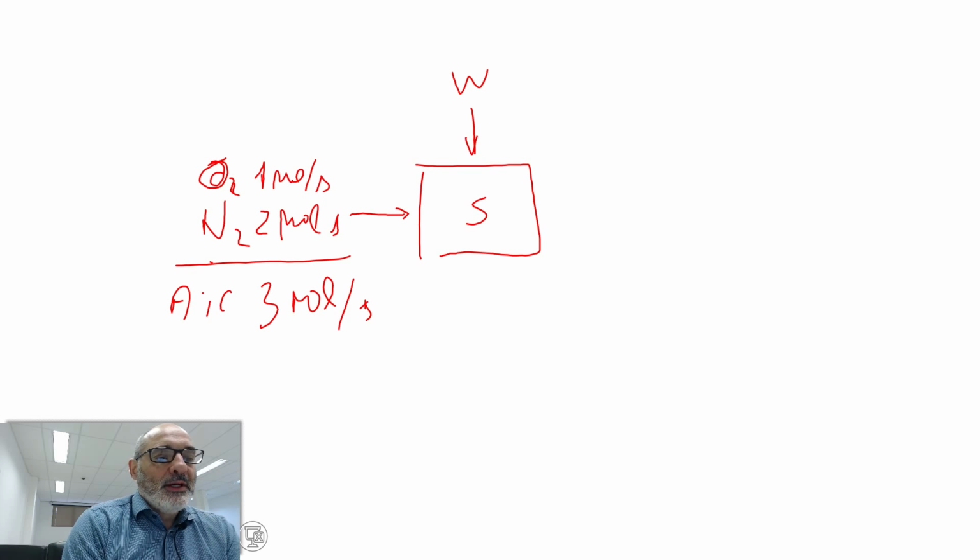This is the input, and this is the exit where I want my product of interest. I can have all the oxygen here, I can have it here.